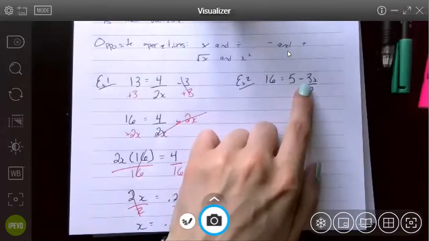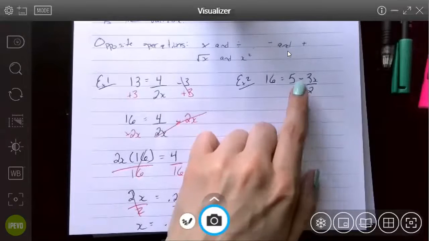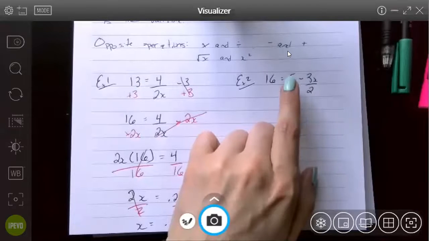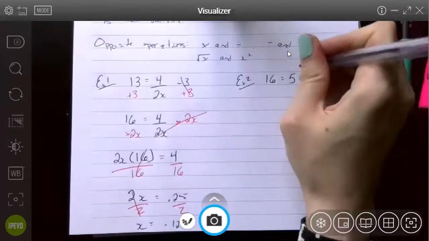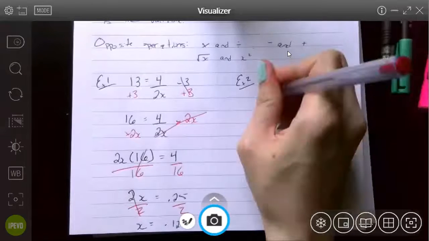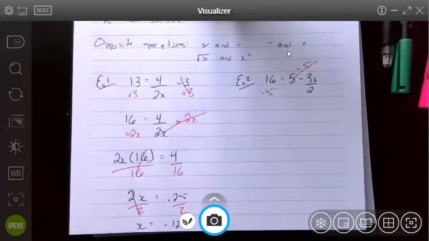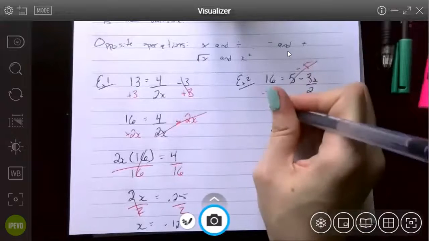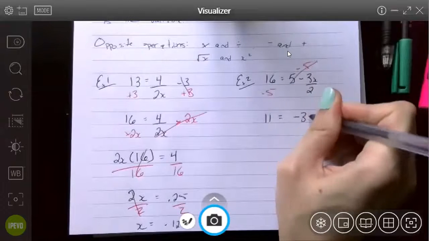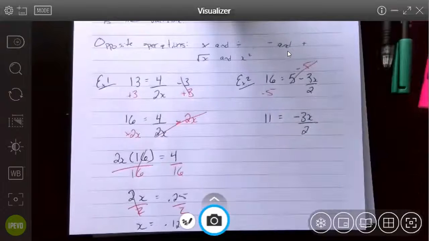Even though subtraction is happening here, we always look in front of the term that we're moving to see if it needs to be added or subtracted. So this is a positive 5. That means we have to subtract to cancel it out and move it to the other side. So we subtract on the other side as well. 16 minus 5 gives us 11, and we are left with negative 3x over 2 on the other side.